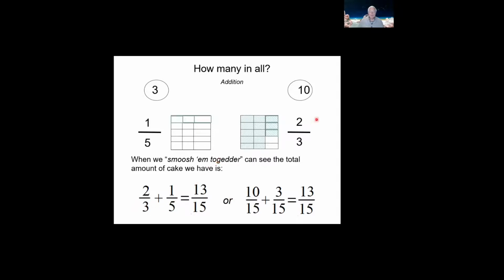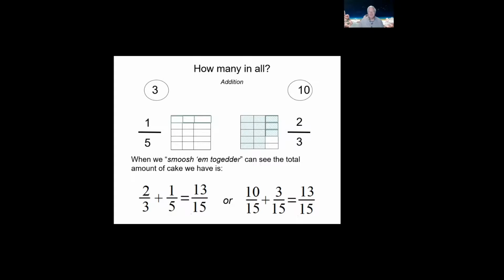We smushed them together. And what did we get? Well, we get 13 out of the 15 parts, and we can count them up right over here. And so whether we view it in either of these two ways of thinking about it, you'll notice again, the procedure becomes the record of action.